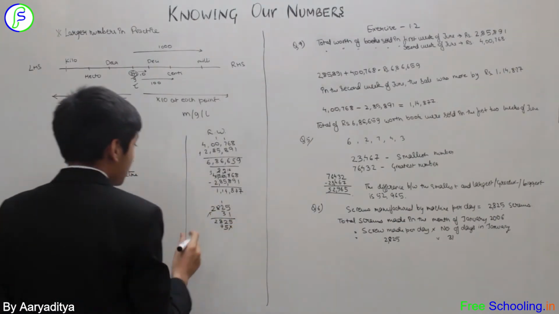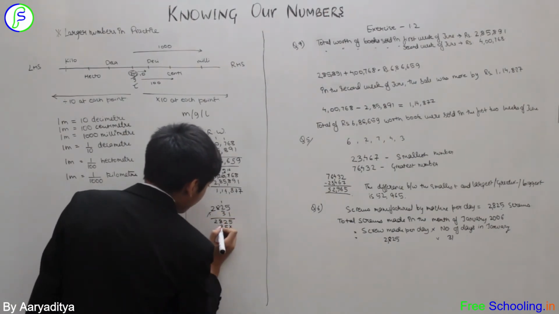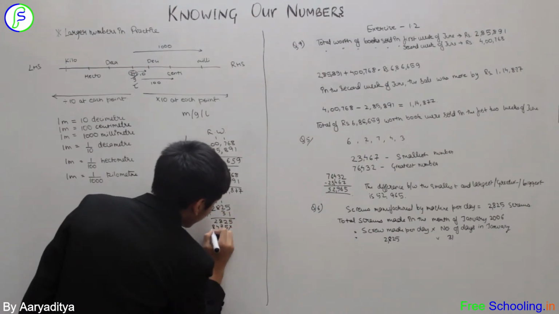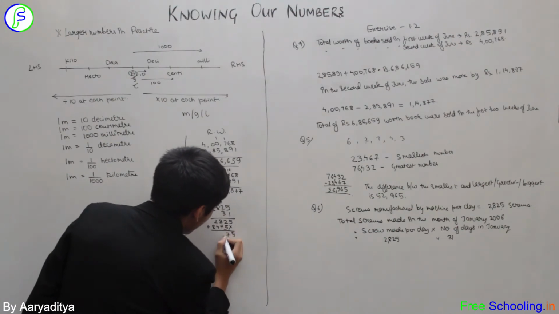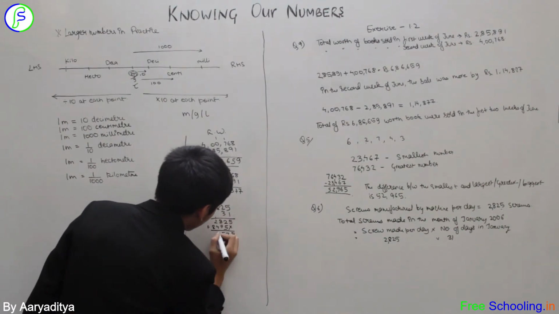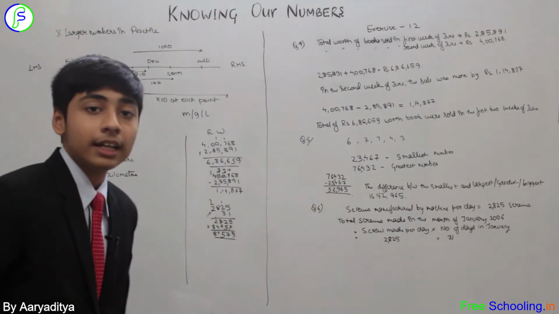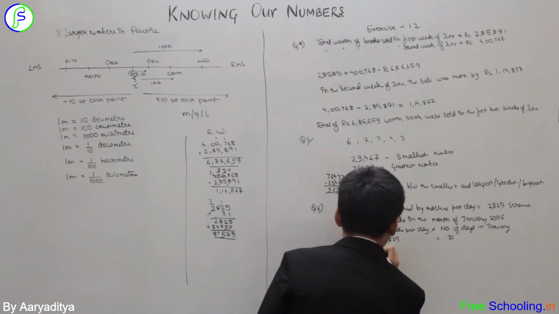Adding 1, 7. 3 eights, or 8 threes, it's your perspective, 24. 4, 2 carry on. 6, 7, 8. So adding this up, we get 5, 7, 8 plus 6, 15. 5, 1 carry on. 7, 8, 7. So a total of 87,575 screws were made.